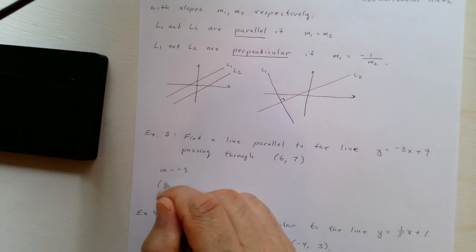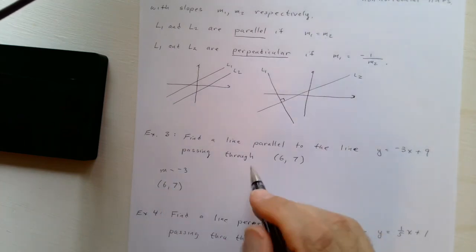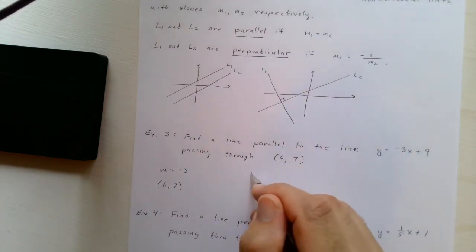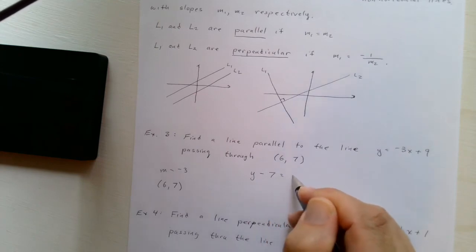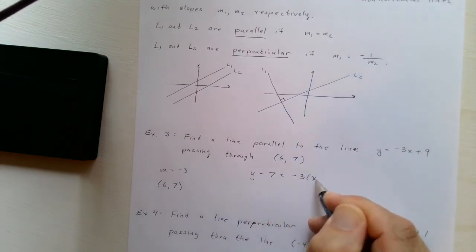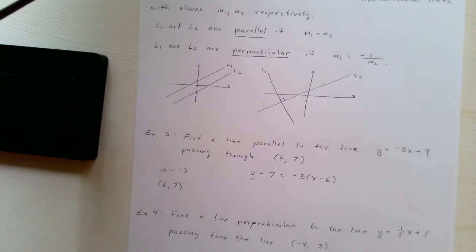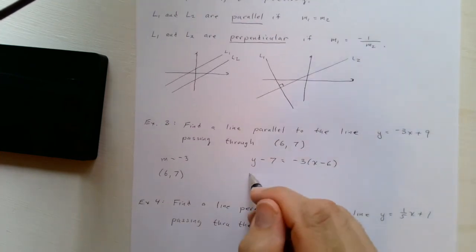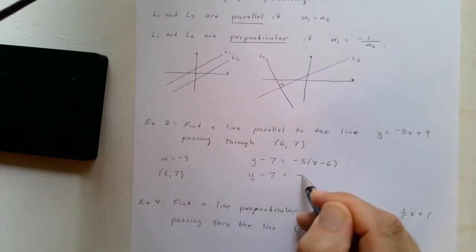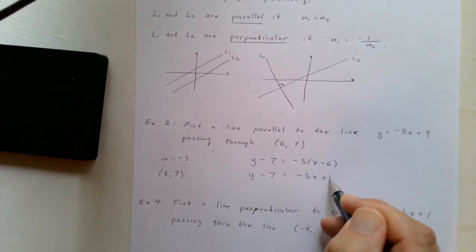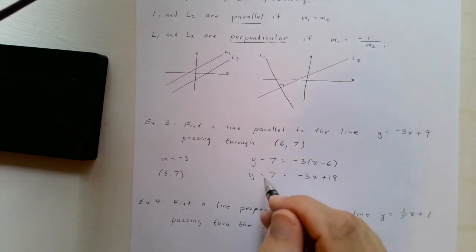Our point is (6, 7). We can set up the point slope form. y minus 7 equals negative 3 times (x minus 6). Distribute the negative 3. Add 7 to both sides.